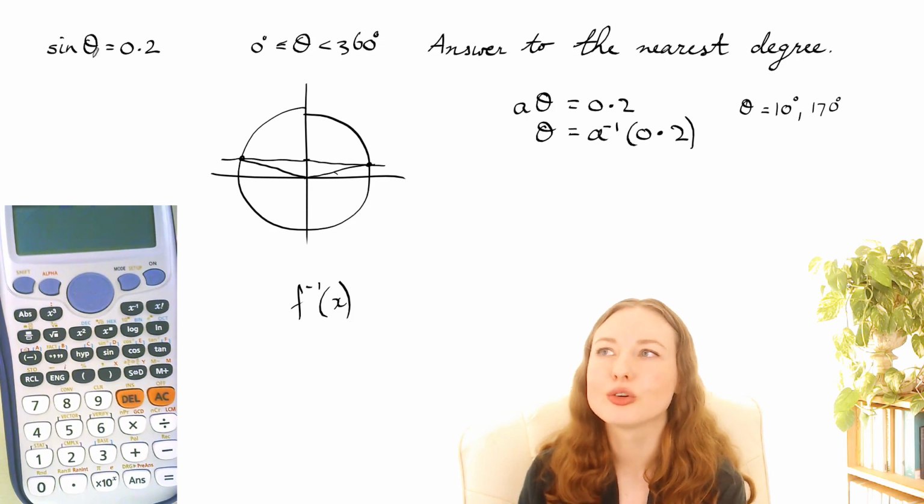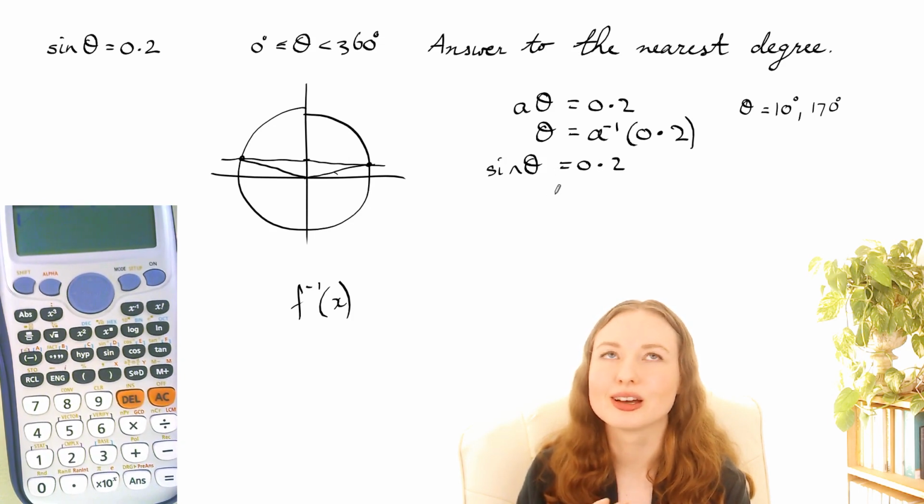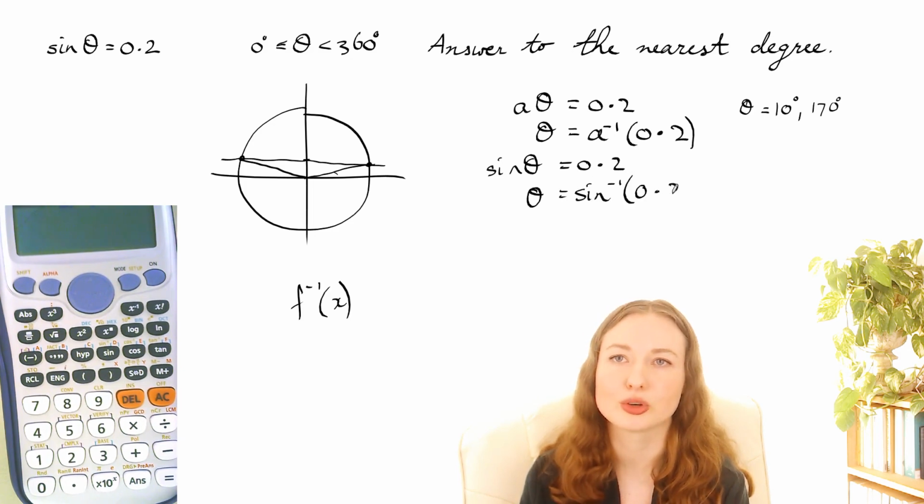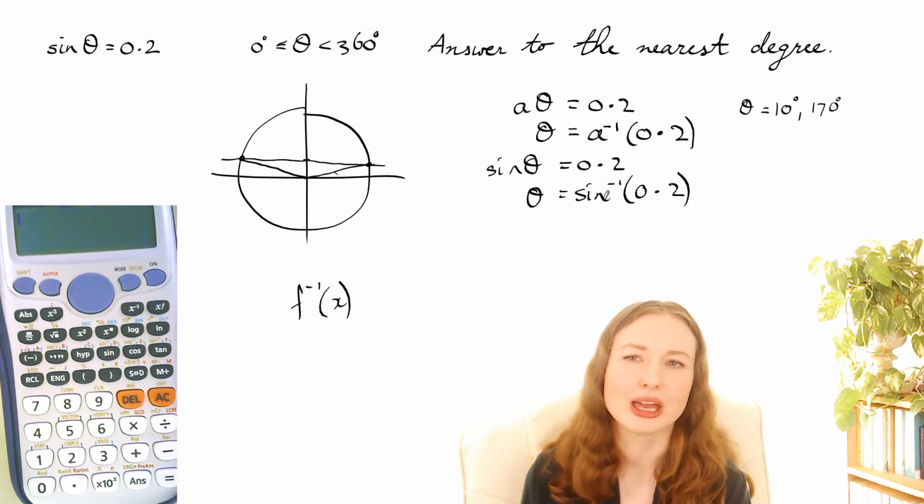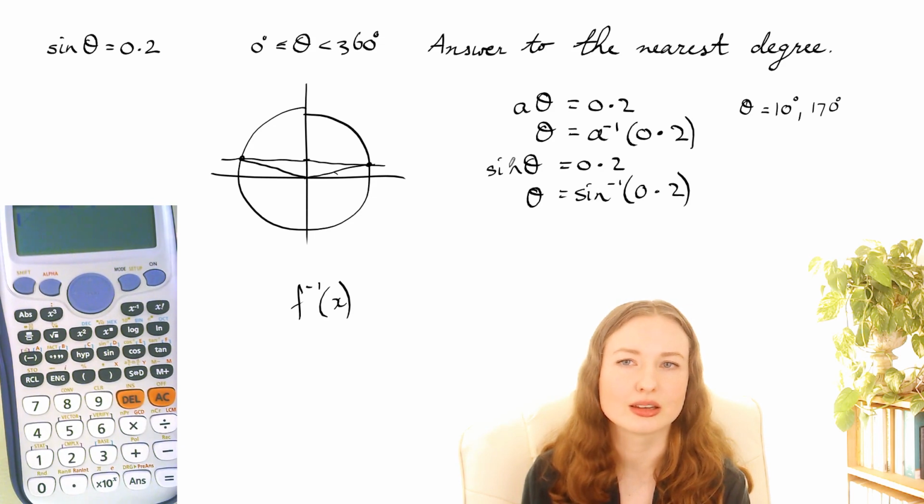So when we solve an equation like sine theta equals 0.2, in analogy with this, we say that theta equals sine to the minus 1 of 0.2. I just want to point out that this isn't literally the reciprocal of sine, because that doesn't even make any sense. The sine here isn't a variable or a number. It's actually a function.